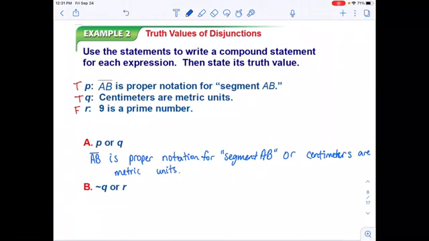All right, so we have true and true here for both of these statements individually, which means that this or compound statement is also true.